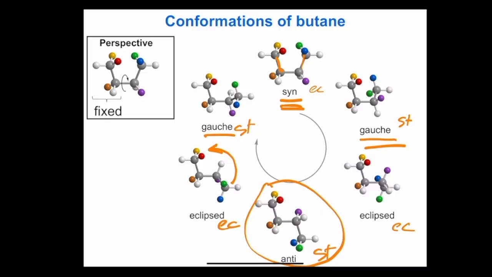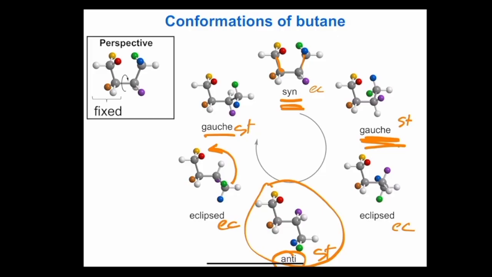The middle two, staggered ones, also get a special name called gauche. These are low energy points. They're just not the lowest, because this gauche here has another interaction that's missing here. If you think about this, we have two kinds of strain. Bonds bump with bonds, groups bump with groups.